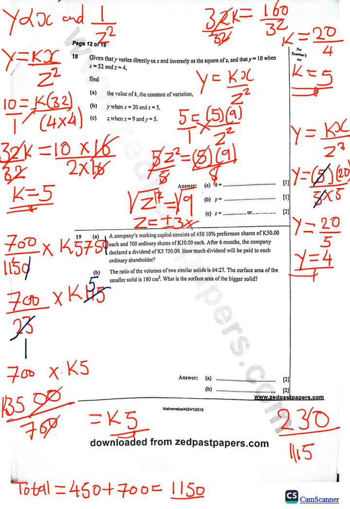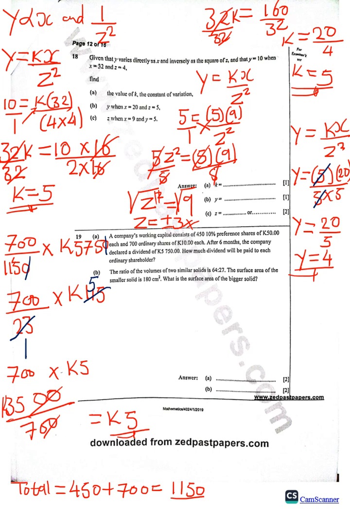Now let's move on to question B. The ratio of the volumes of two similar solids is 64 to 27. The surface area of the smaller solid is 180 square centimeters.